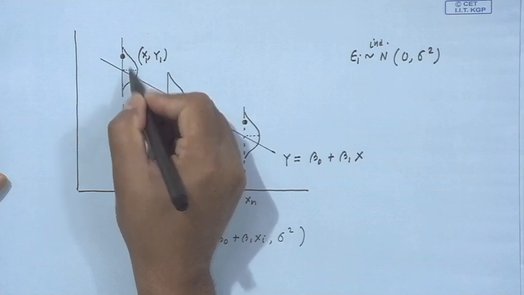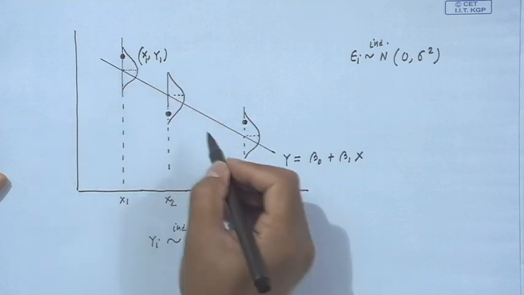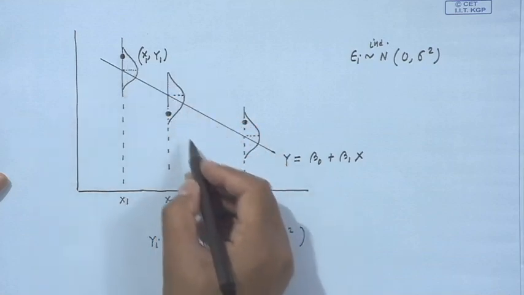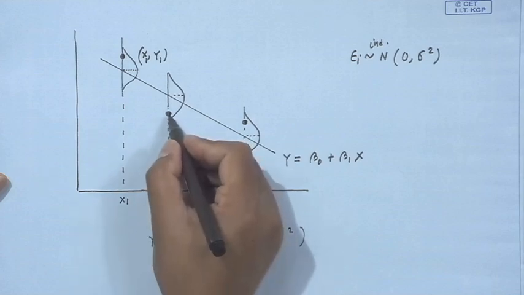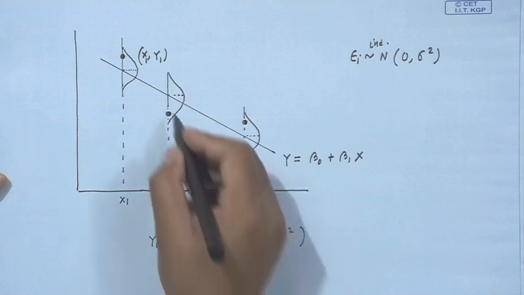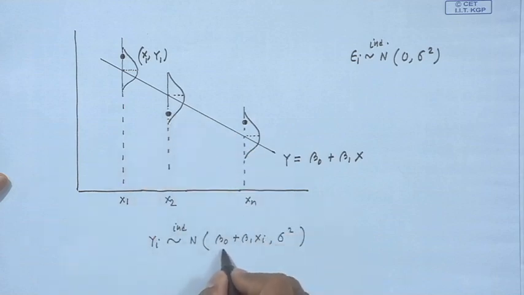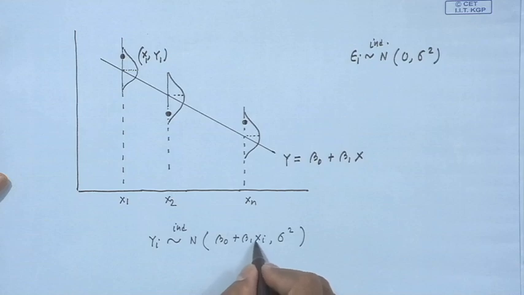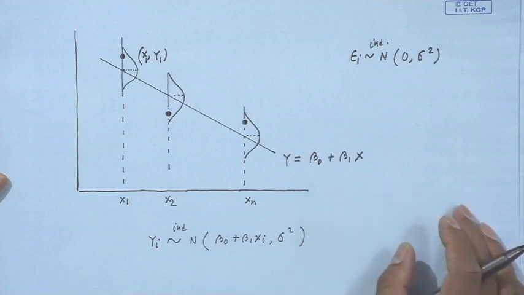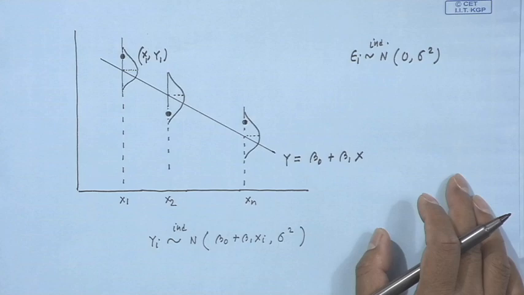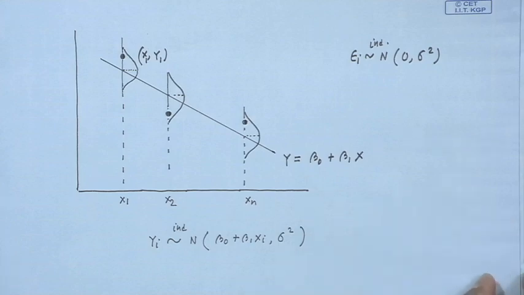And y 2 is again from a normal distribution with a different mean, beta naught plus beta 1 x 2, and constant variance sigma square. It is necessary that you understand this part, the basic assumptions we made.